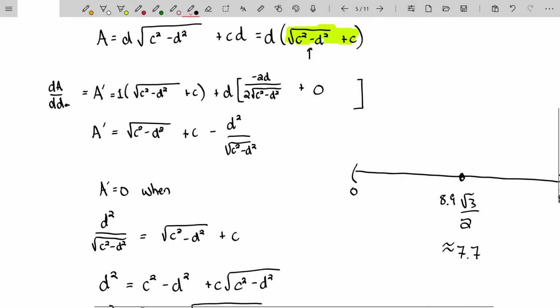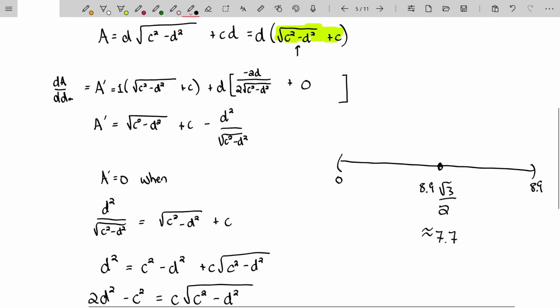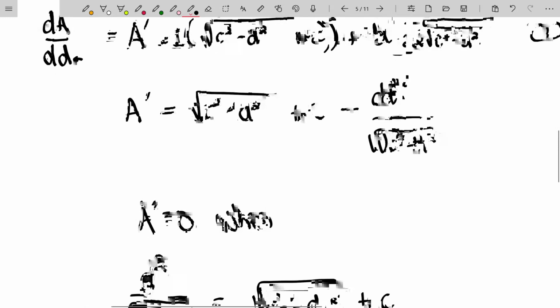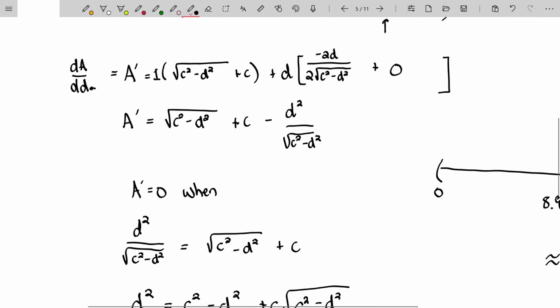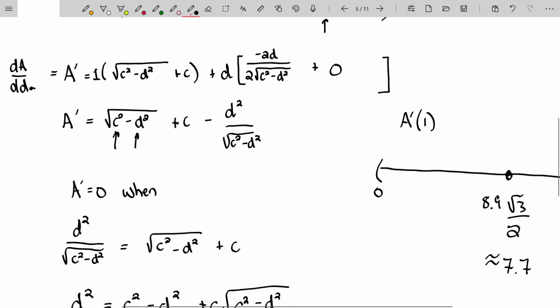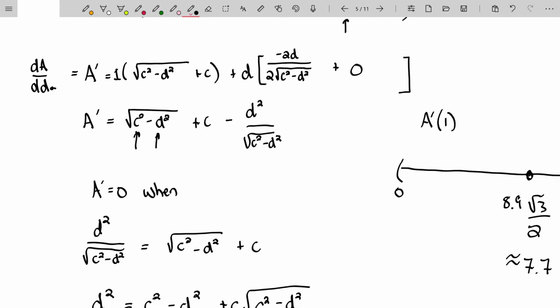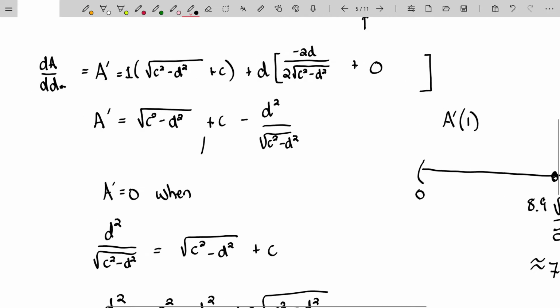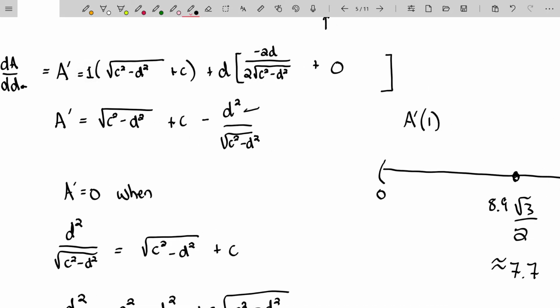All right, so if you plug in a number less than 7.7, try 1 for d. So A prime at 1. Well, remember, you're plugging in for d, and c is 8.9. 8.9 squared minus 1 squared, that's obviously positive, plus 8.9, that's still positive, minus 1 over that square root.